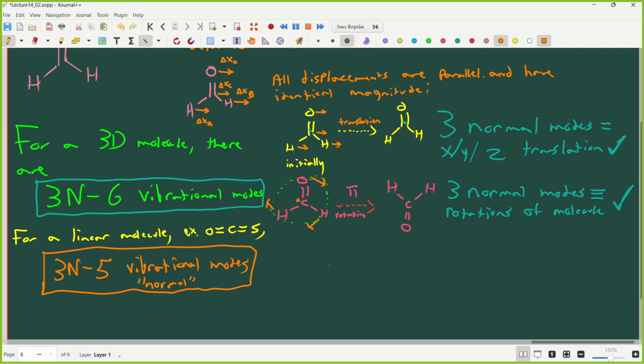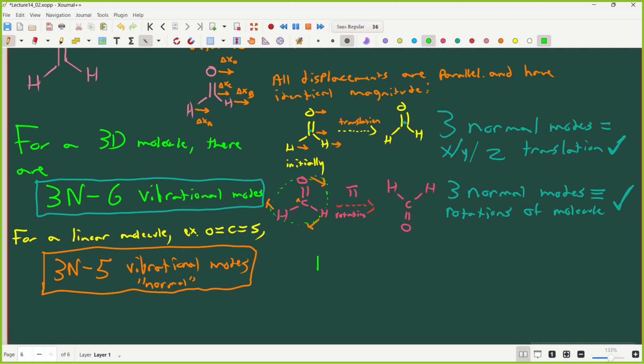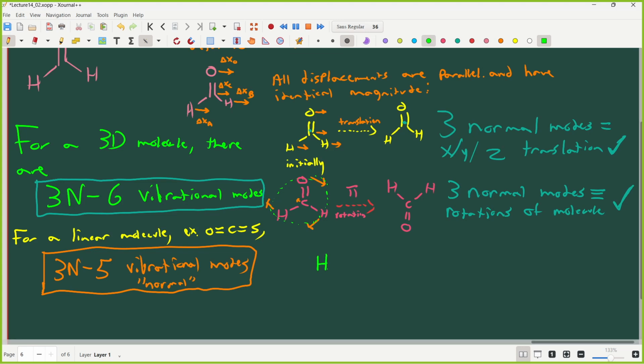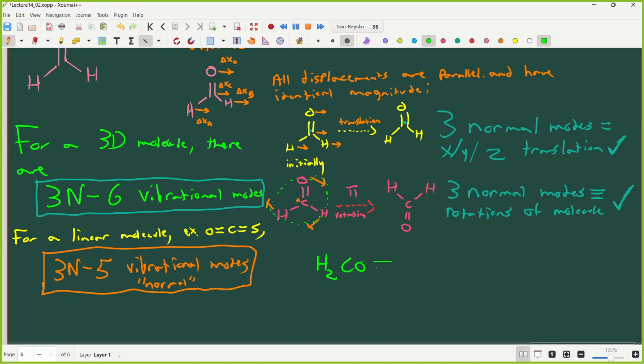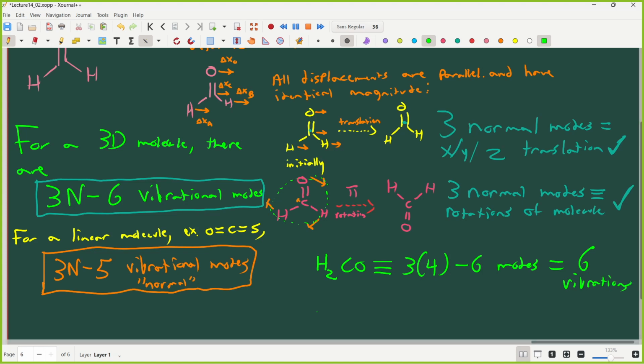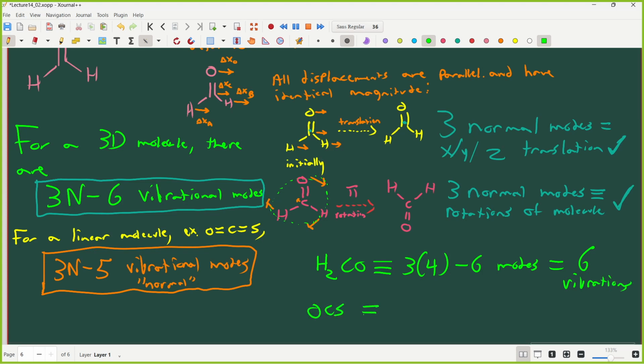So just to close up: H2CO has 4 times 4 minus 6 modes, which is 6 vibrations. And OCS has 3 times 3 minus 5, 4 vibrations.